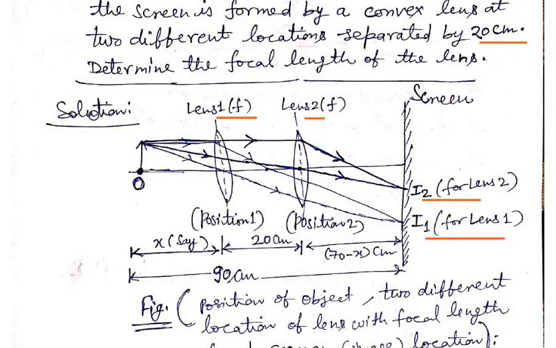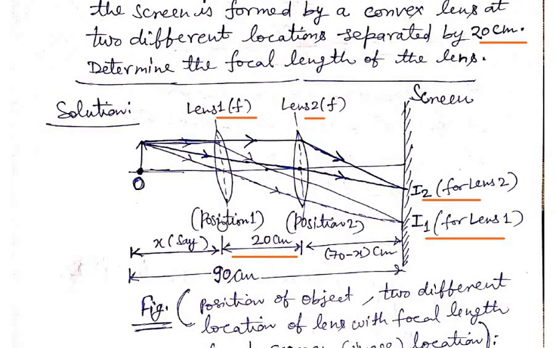In both cases rays are coming from the object to the lens at different positions, but the image is formed at the screen. So I1 for lens 1, I2 for lens 2, and the difference between the two positions is 20 centimeter.